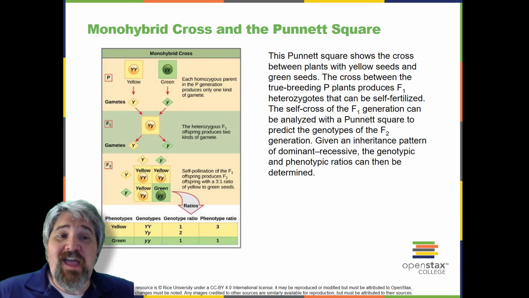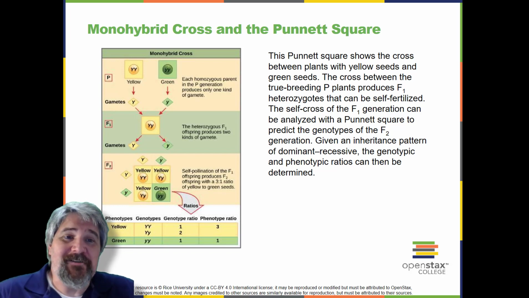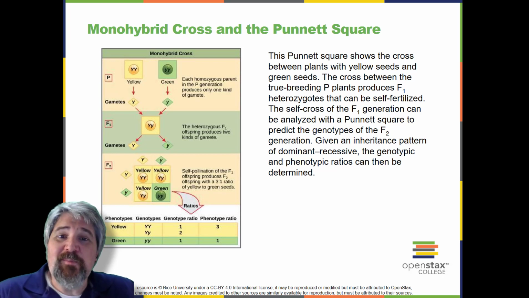The combinations of egg and sperm gametes are then made in the boxes in the table on the basis of which alleles are combining. Each box then represents the diploid genotype of a zygote, or fertilized egg. Because each possibility is equally likely, the genotypic ratios can be determined from a Punnett square. If the pattern of inheritance, dominant and recessive, is known, the phenotypic ratios can be inferred as well.